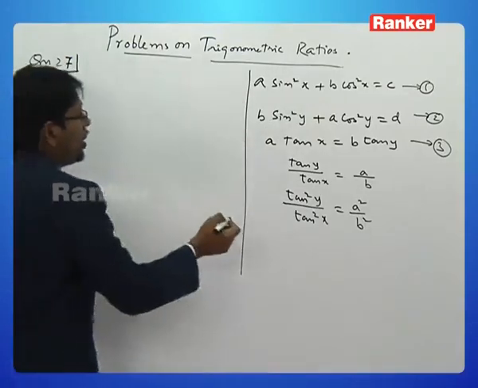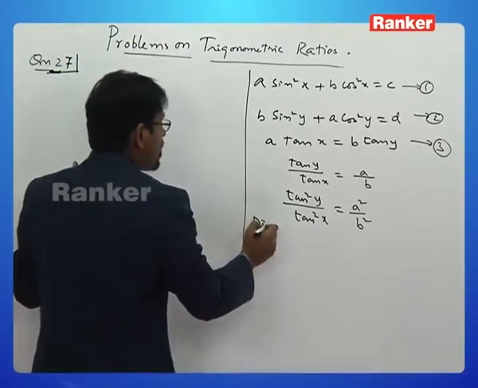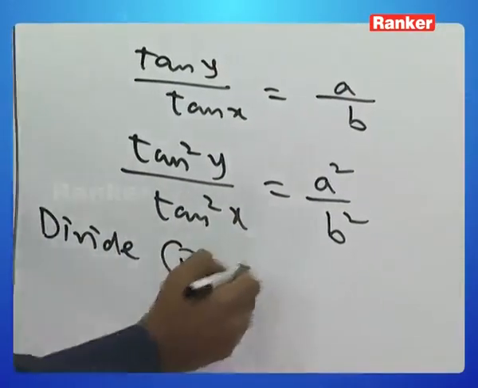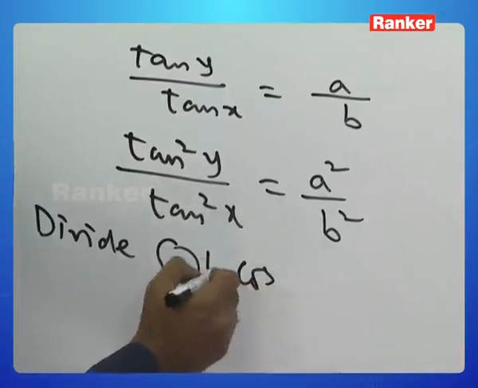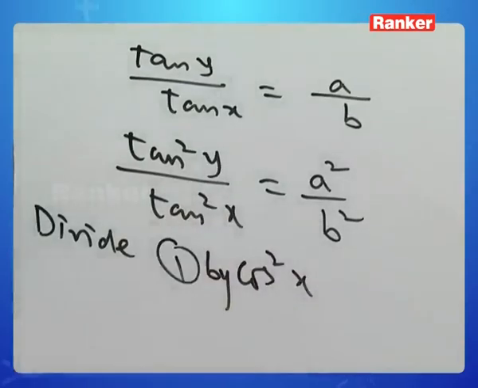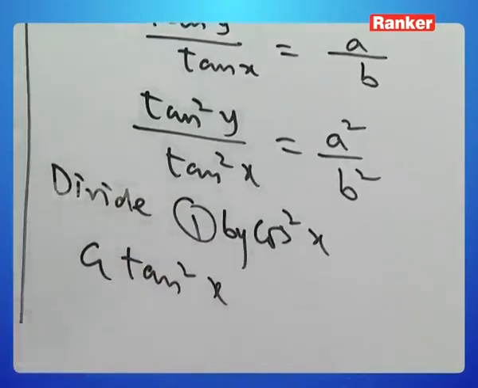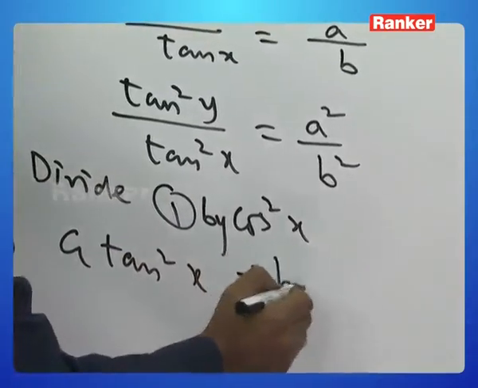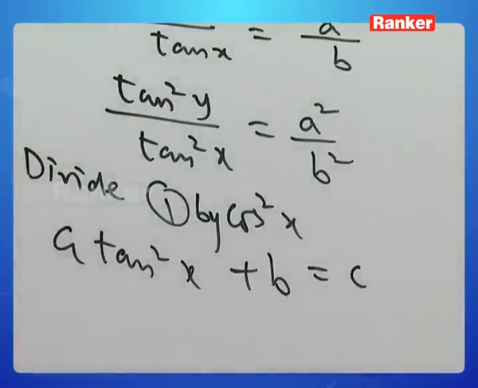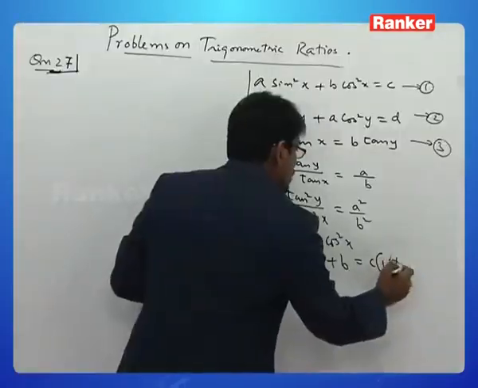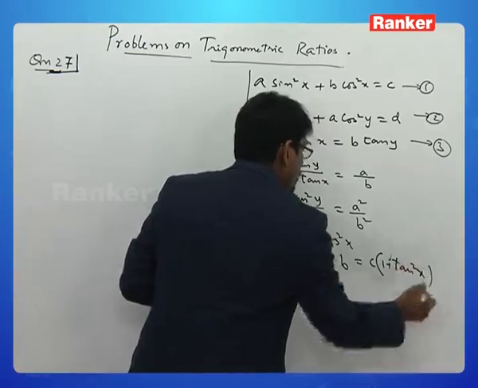Divide equation 1 by cos square x. What do we get? a tan square x plus b is equal to c secant square x. That c secant square x, I can write as c into 1 plus tan square x.